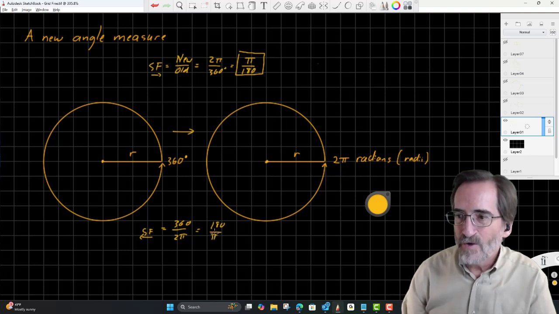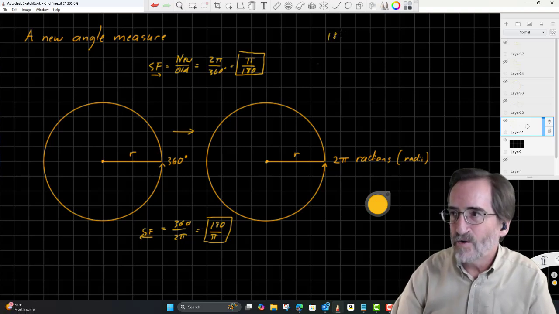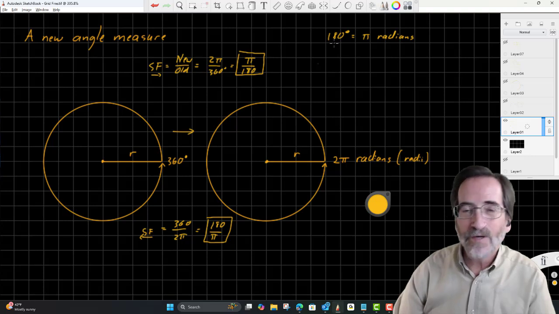So there are 180 divided by pi degrees in 1 radian. Another way to say it, 180 degrees equals pi radians. Radians are typically considered dimensionless. We don't write radians, but I'm going to write it just so it's clear what I'm talking about. 180 degrees is equal to pi radians.